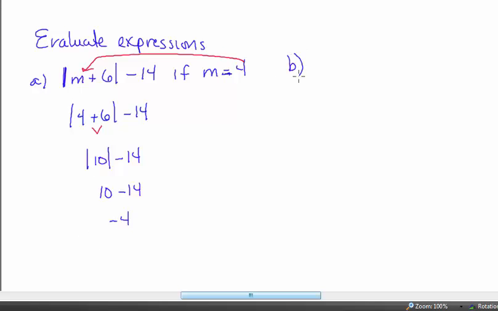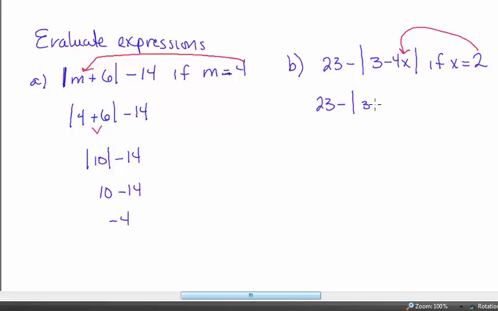Let's try another one. 23 minus the absolute value of 3 minus 4x if x equals 2. So I'm going to take the 2 and plug it in for x. So I have 23 minus the absolute value of 3 minus 4 times 2. 4 times 2 is 8.